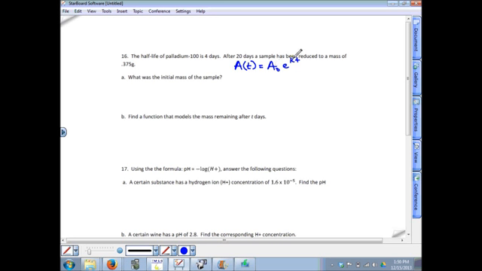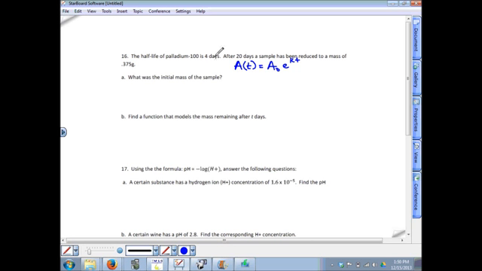Now we don't know this k, which is called the growth factor. But we know that at time equals 20 days, there's 0.375 grams. So there are a couple of ways we could find A sub 0.